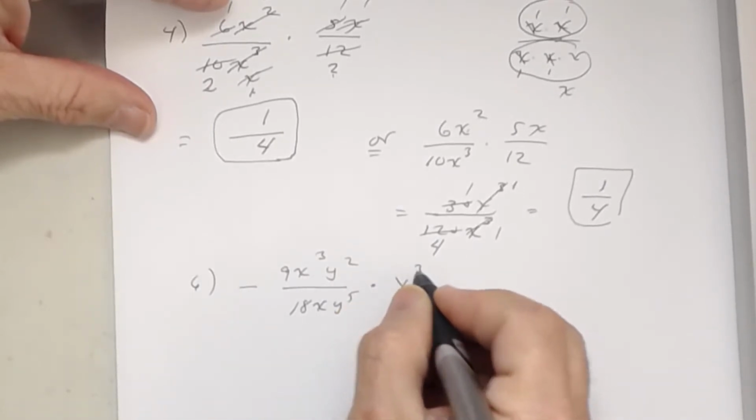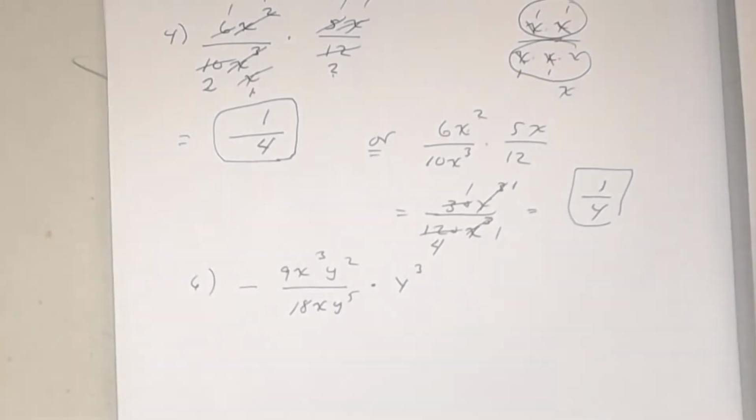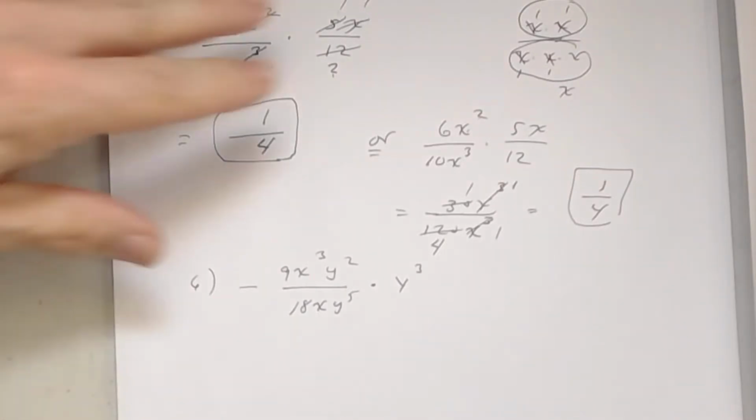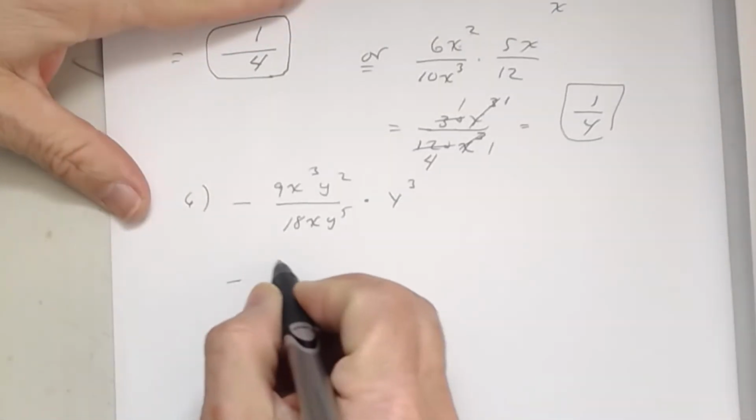Looks just like this. So I'm still multiplying two rational expressions. Y cubed is a rational expression. But I can also write y cubed as y cubed divided by 1. If you need to do it that way, that's fine. So in other words, you can write this as this.